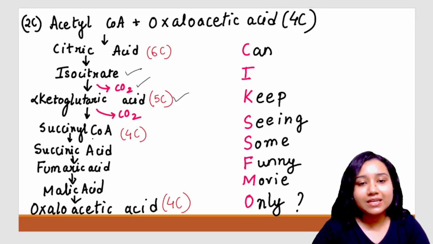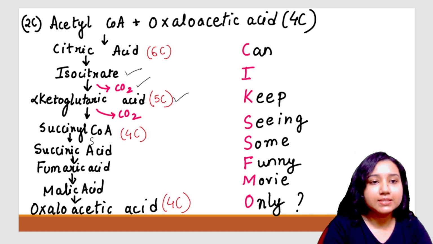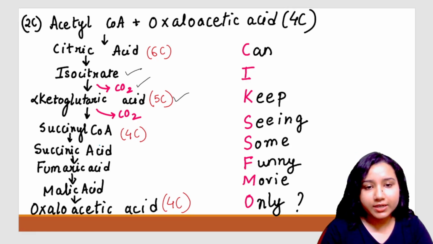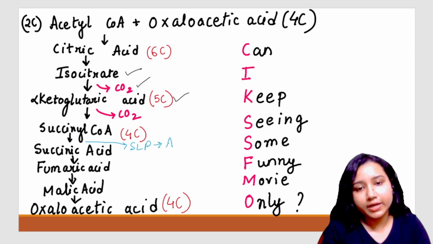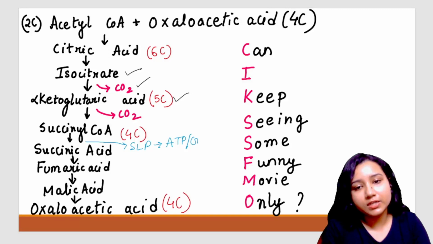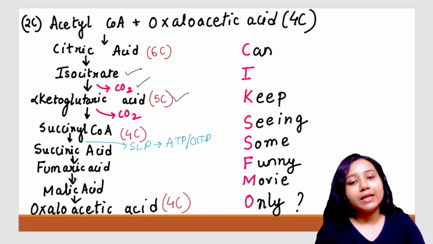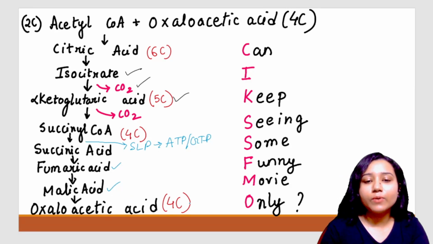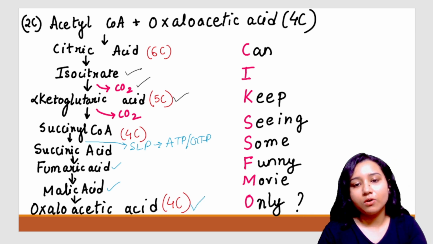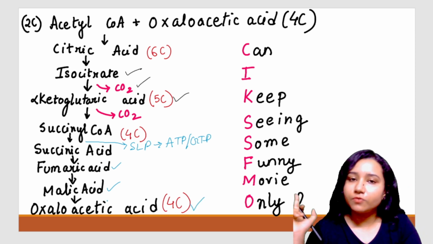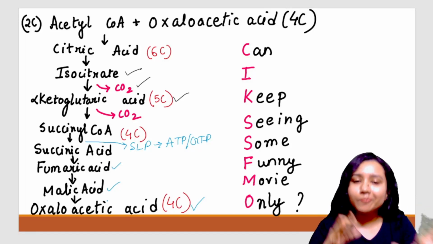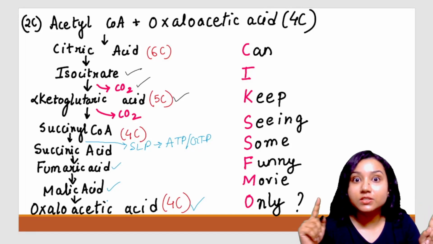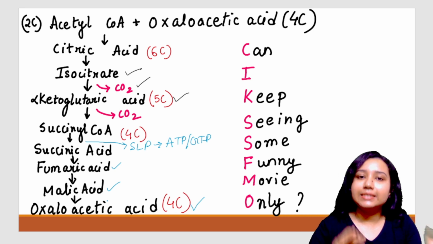Then there was SLP, that is substrate level phosphorylation. Due to substrate level phosphorylation, ATP or GTP was also released, and then fumaric acid was forming, then finally malic acid, and then by dehydrogenation oxaloacetic acid was also forming. So replenishment of this oxaloacetic acid is very important and crucial for the TCA cycle.